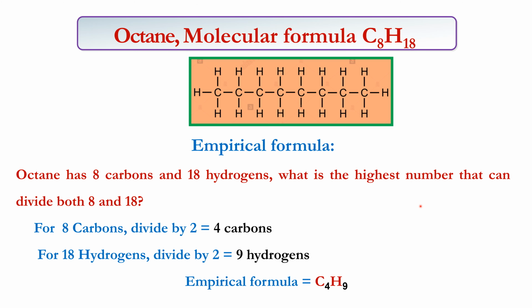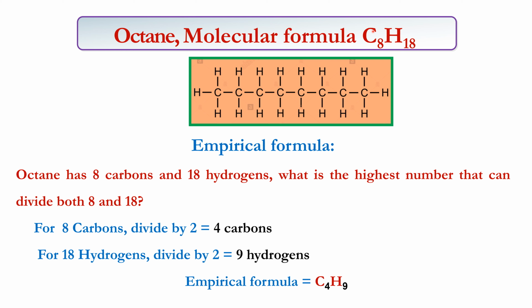Let's look at another example. If you are asked to write the empirical formula of ethane, the molecular formula for ethane is C8H18. Just like we did for butane, you find the highest number that can divide both subscripts. The highest number that can divide 8 and 18 is 2.